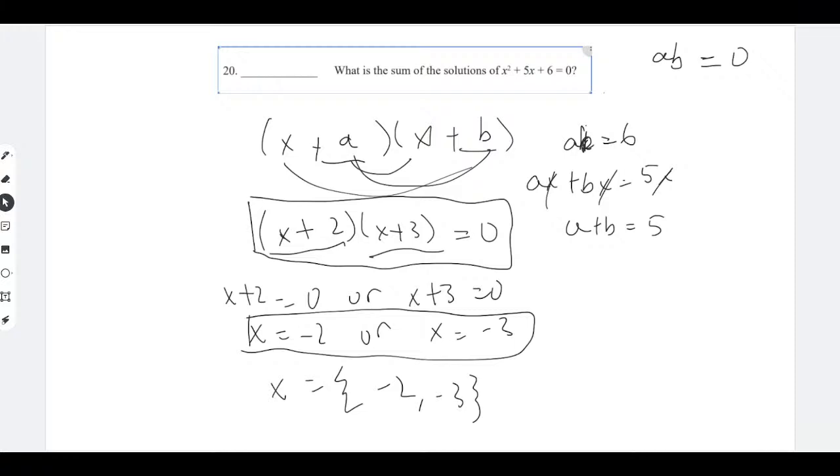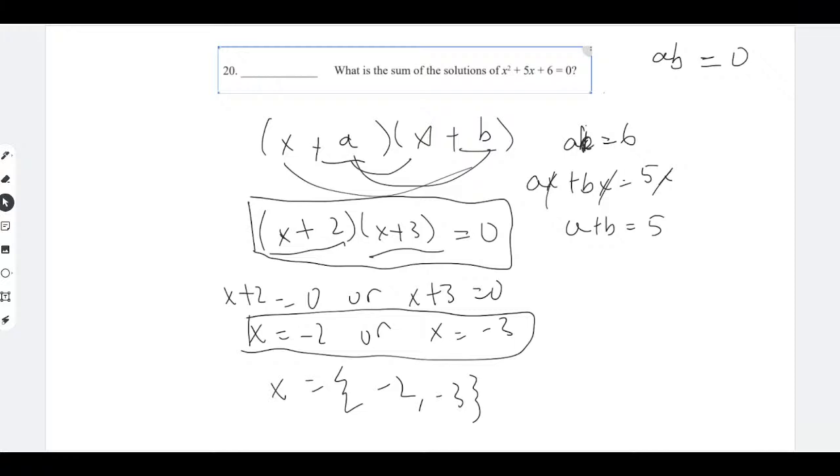Okay, so it would just be -2 and -3. Well, those are the individual solutions for x, right? But it wants you to find the sum of those solutions. So we've already solved for those solutions.